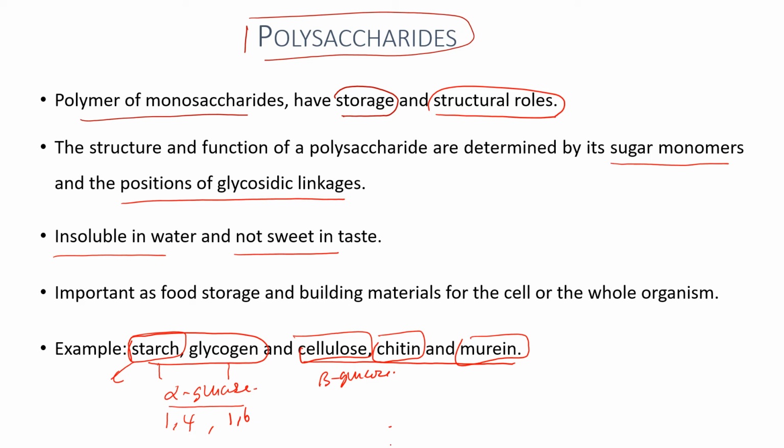They are important as food storage: starch in plants, glycogen in animals. They are also building materials for cells or the whole organism. The exoskeleton in insects is composed of chitin, and the cell wall in plants is cellulose.